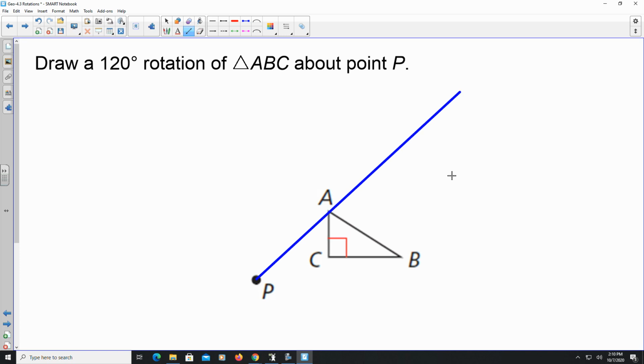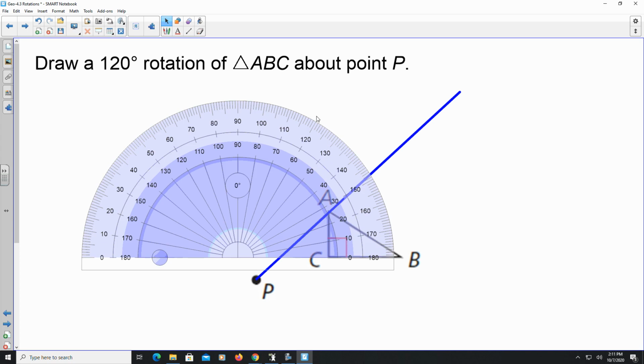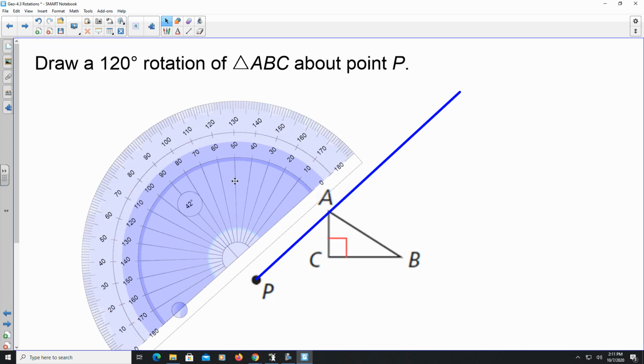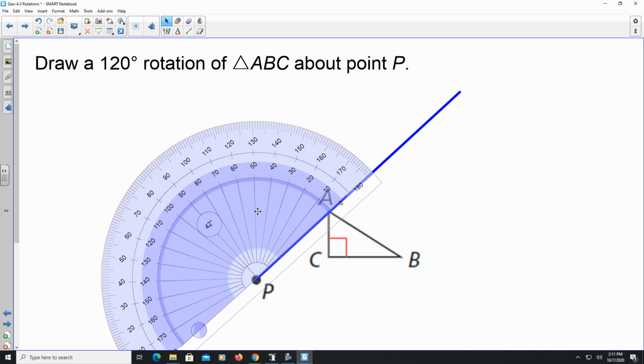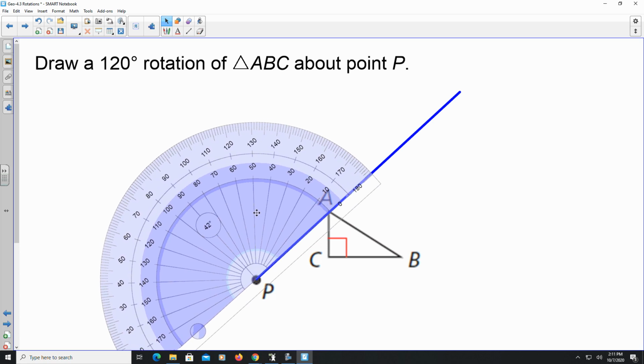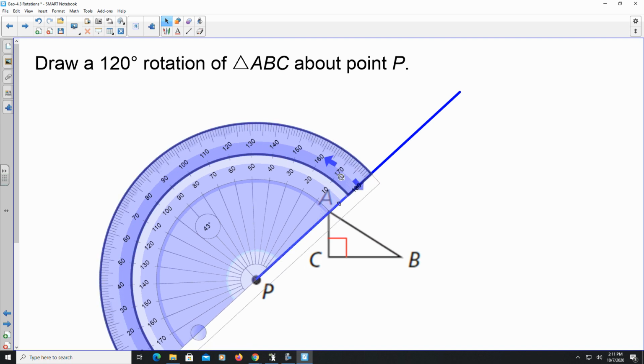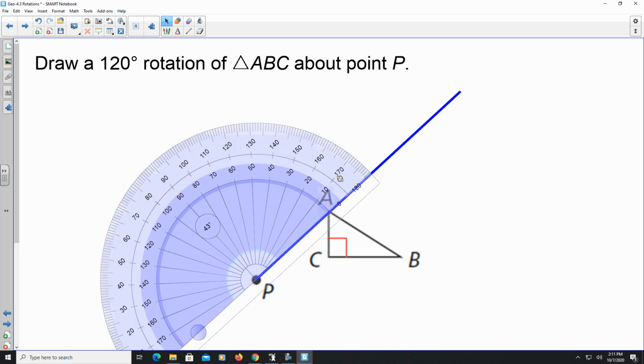Now I'm going to get my protractor out and rotate it over here and find 120 degrees.